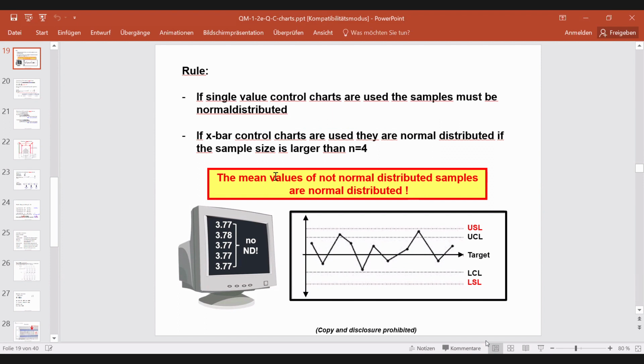This means if the sample size is more than 4 parts, more than 4 measurements, this means 5 measurements, 7 measurements, then you can say the means are normally distributed here in the quality control charts.